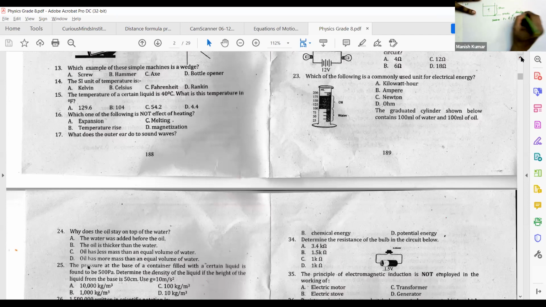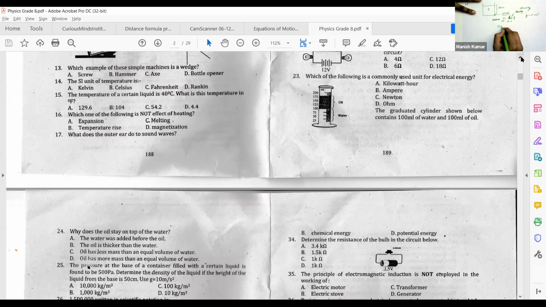So the pressure is measured as H, which is the height of the liquid column, rho, which is the density, and G, which is the acceleration due to gravity. And the value of G is already given to you as 10 meters per second square. So pressure, you already know.